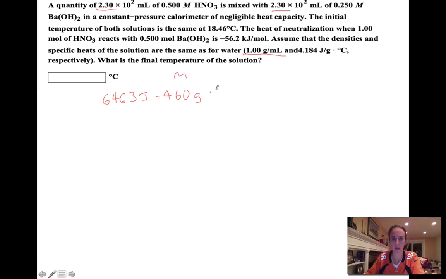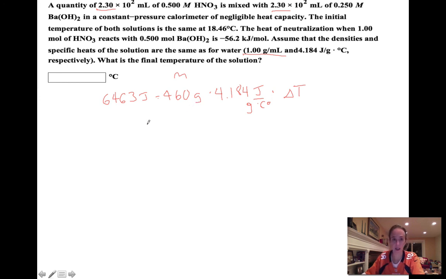Annotate that up here. My specific heat for water, because it's the water that's absorbing this heat, is 4.184 joules over grams times degrees Celsius. And then that's going to be times our delta T. So we know everything here except for delta T.